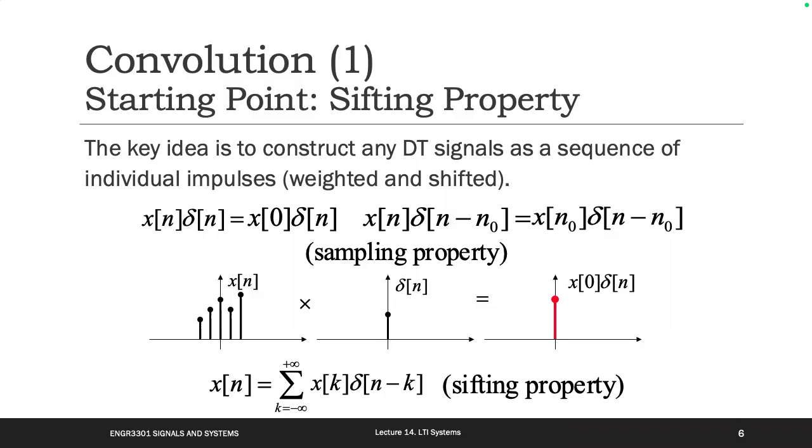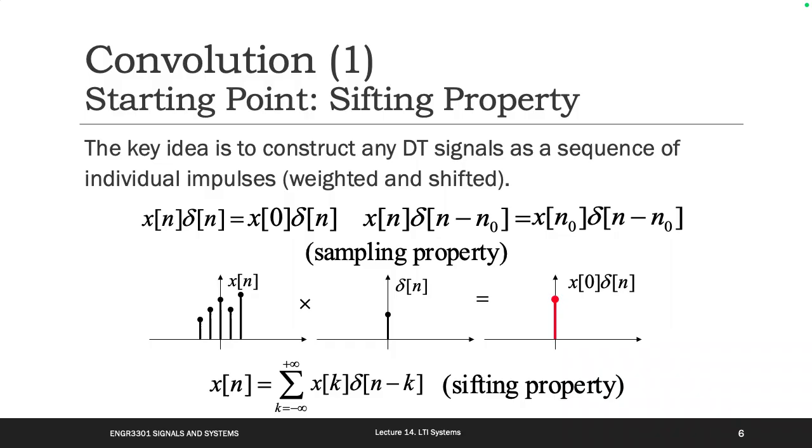For this part, what's the value? When k equals negative infinity up to -3, what's the x[k] value?